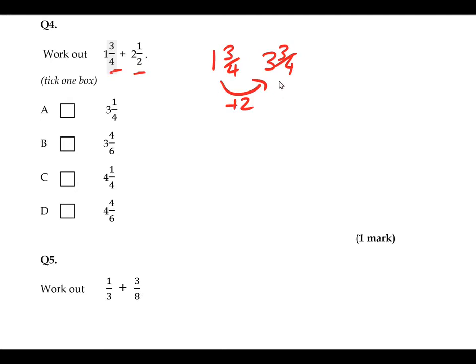Now, if we add half an hour to 3:45, if you're thinking of your clock face, you end up at 4:15 or 4 1/4 with respect to our fractions. So the correct answer is C, so tick box C, which is 4 1/4 for 1 mark.